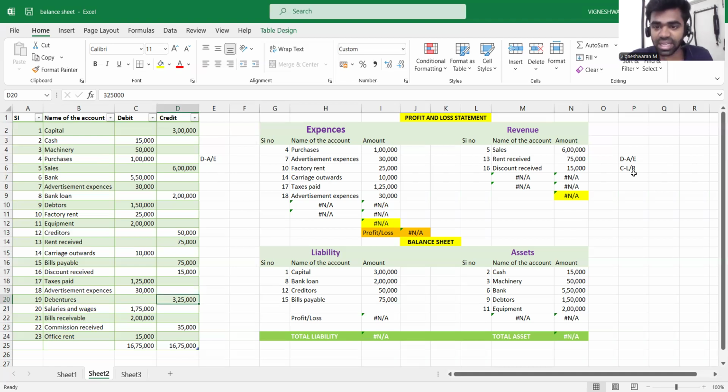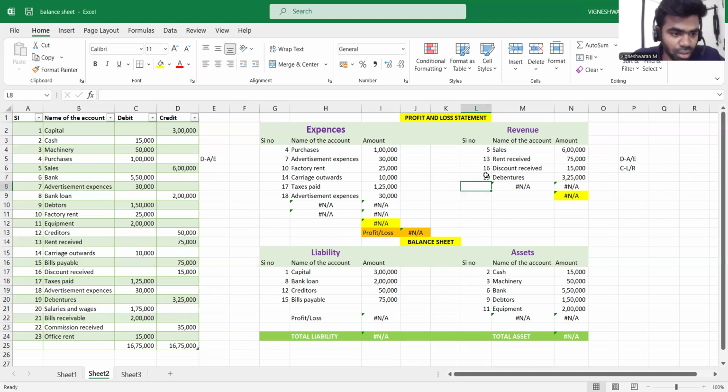So this debentures 3,25,000 means I made a debenture which gave me 3,25,000. It gave me the money, so it will come in the revenue.